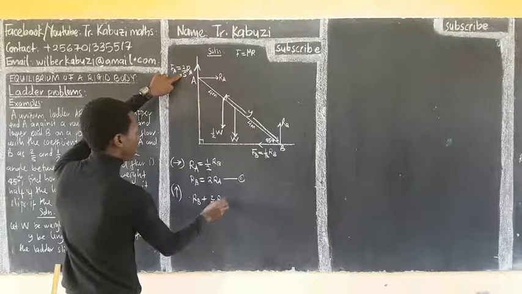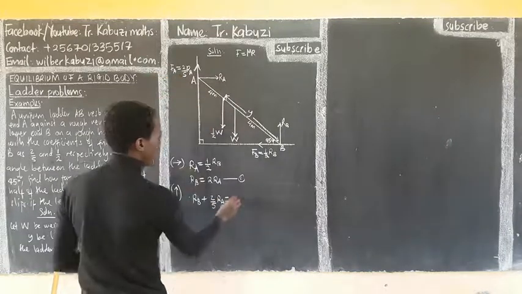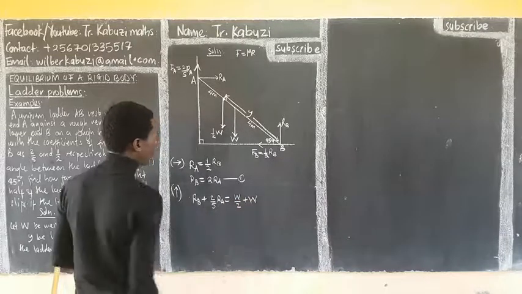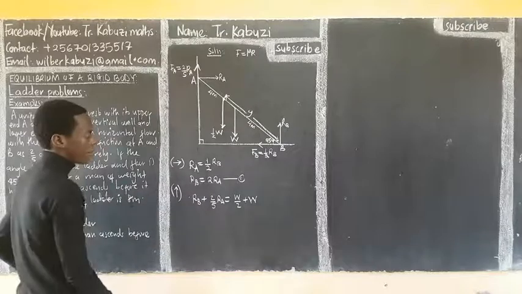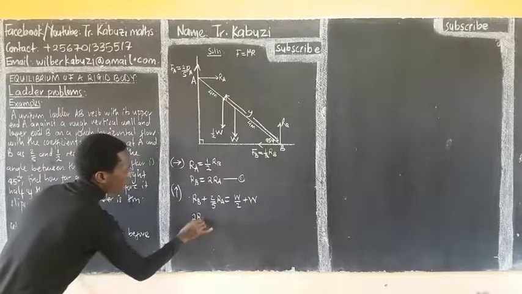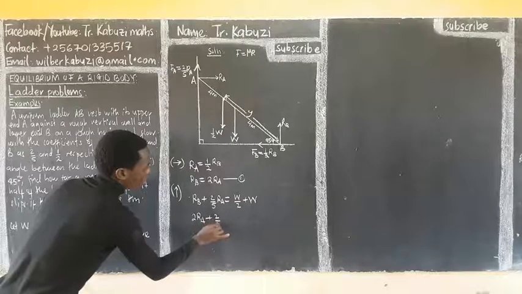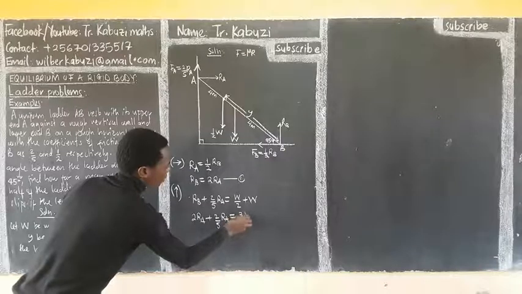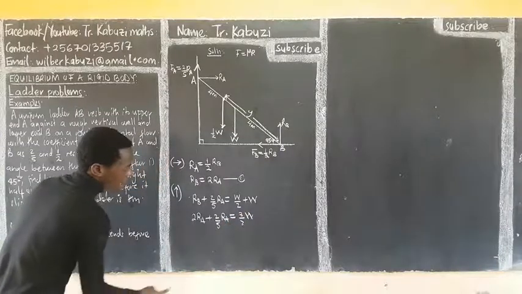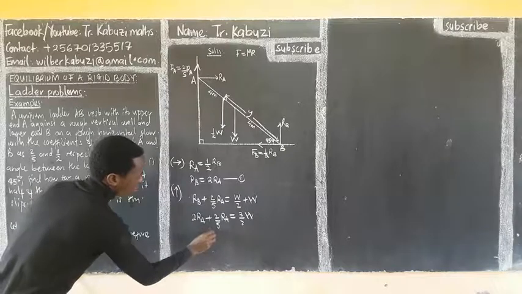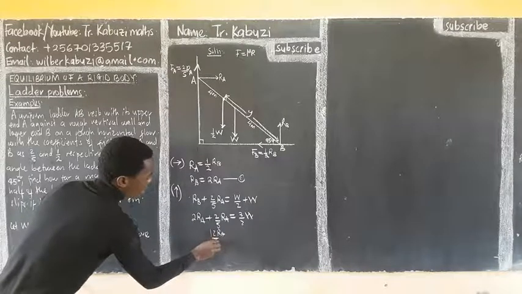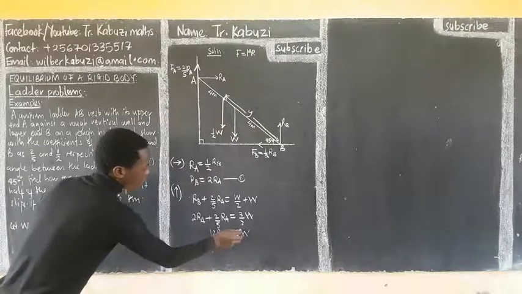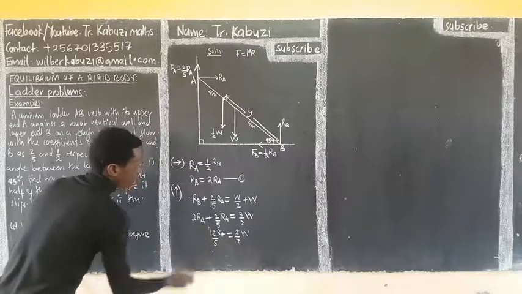Equals to, this one is acting downwards, W over 2, then plus W. But we have R B in terms of R A. This is going to be 2 R A plus 2 over 5 R A equals 3 over 2 W. To simplify, this is going to be 10 plus 2, that is 12 R A over 5 equals 3 over 2 W. By 3 once, by 3, 4.